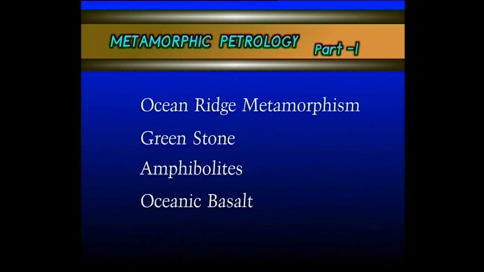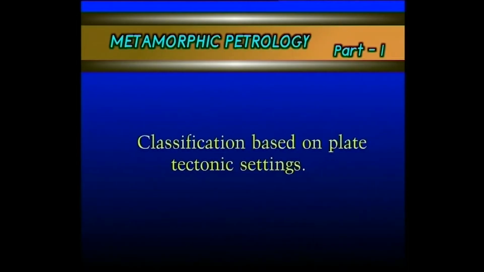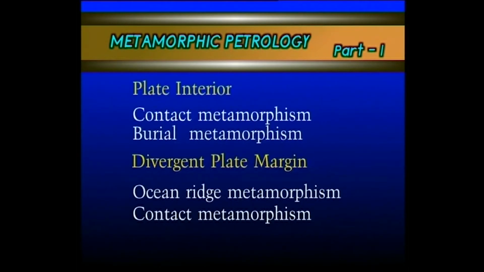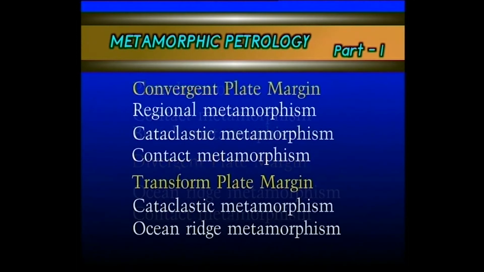Now let us see the last type of classification based on plate tectonics and see how the different metamorphic phases occur with different plate settings like plate interior, divergent plate margin, transform plate margin, and convergent plate margins, and see the important phases that occur on the four different plate margins.